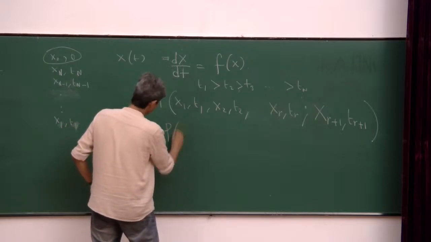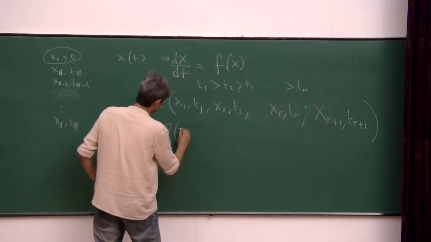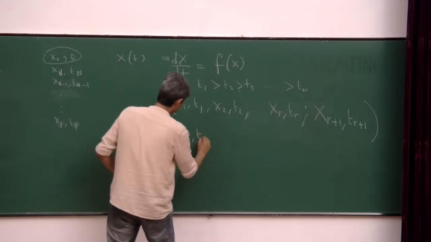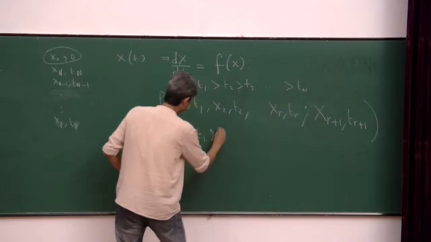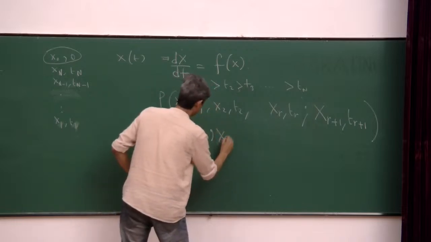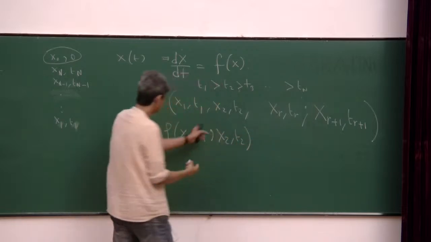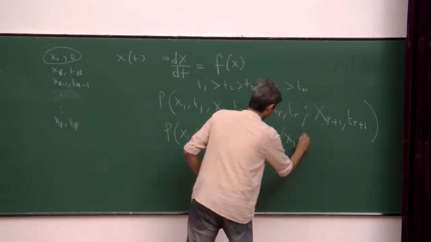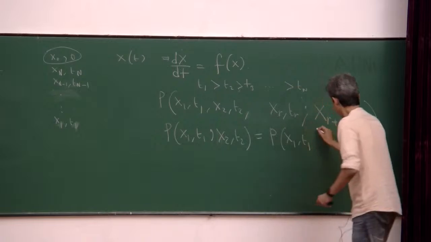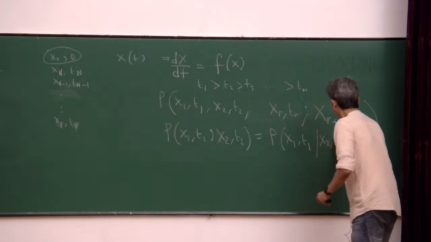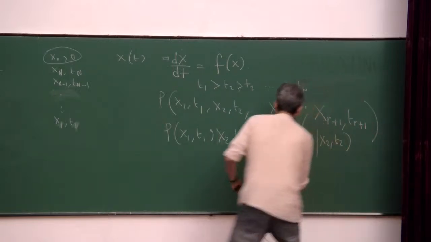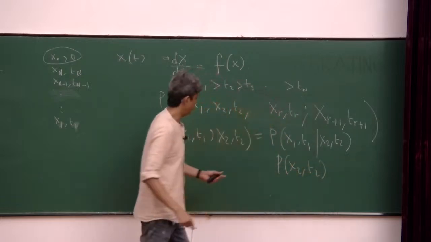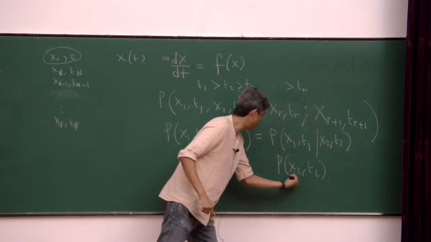If you want to know some probability at some time t1, you can write this down as the probability of x1 at t1 conditional on x2 at t2, times the probability of having this position x2 at time t2.